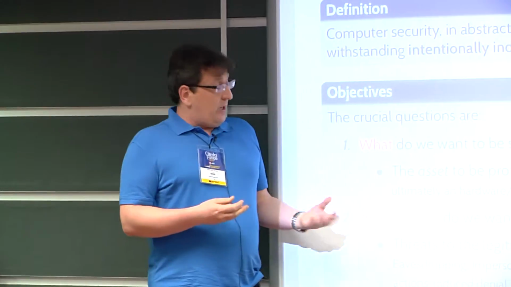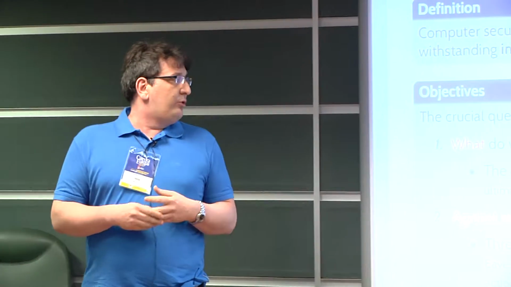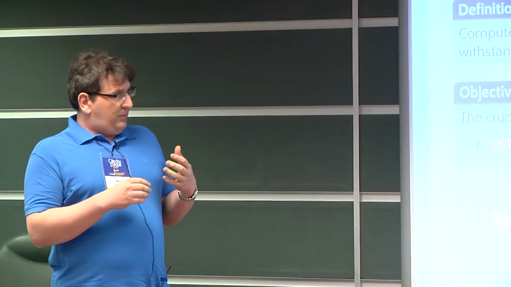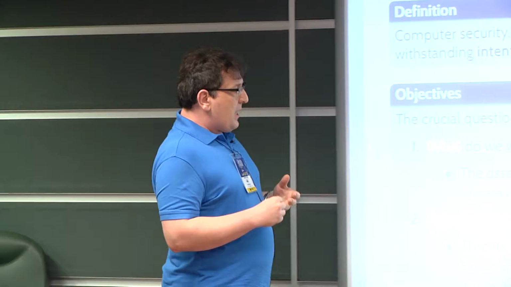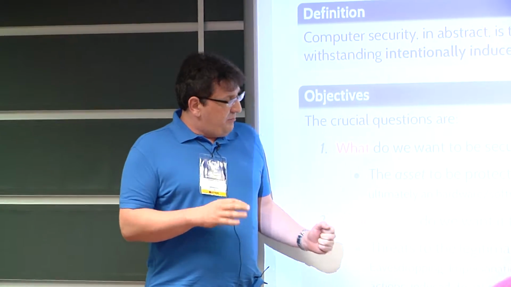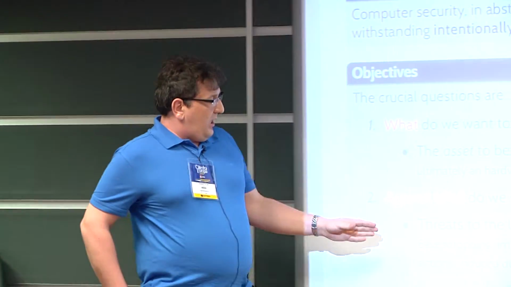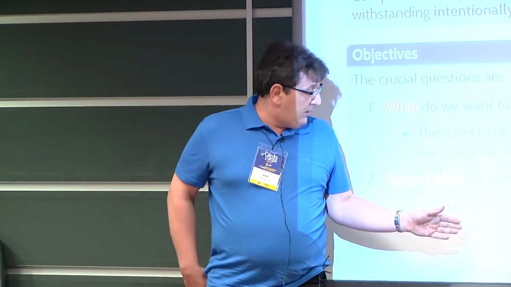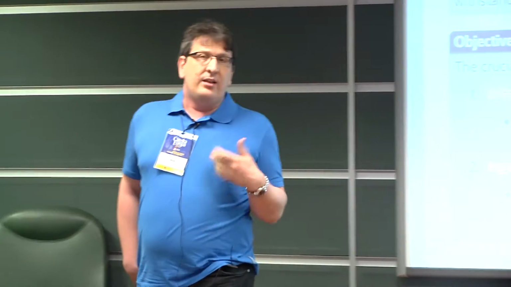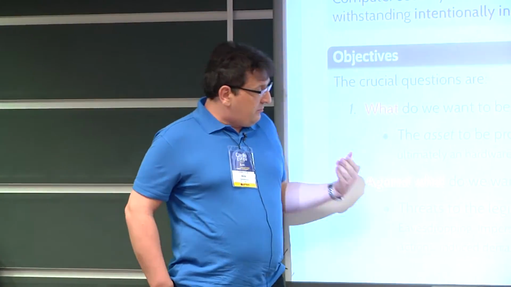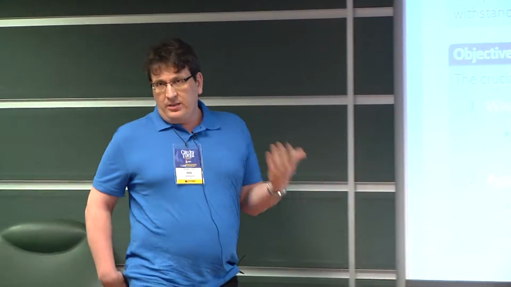The answer to the second question, against what we want the system to be secure, means to identify the threats to the legitimate functioning of the system. And these threats can be eavesdropping, impersonation, forgery, tampering, malicious retractation of actions, induced denial of service, and so on.